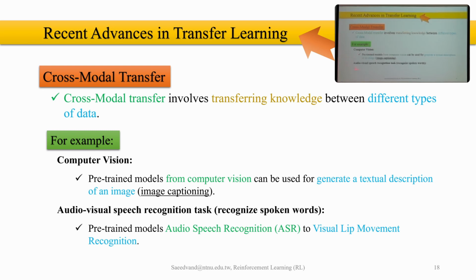We can also use it, as I mentioned, for visual speech recognition, using a pre-trained model for audio speech recognition, also known as ASR, and visual lip movement together in order to predict something.